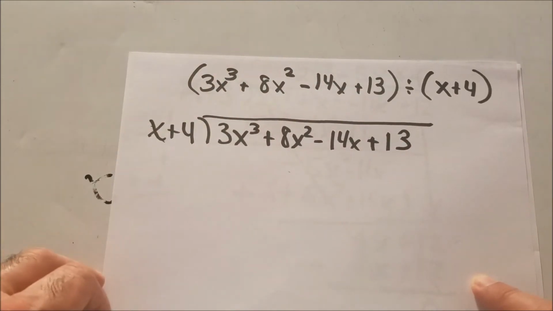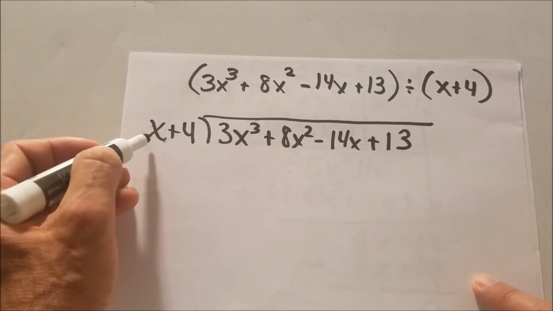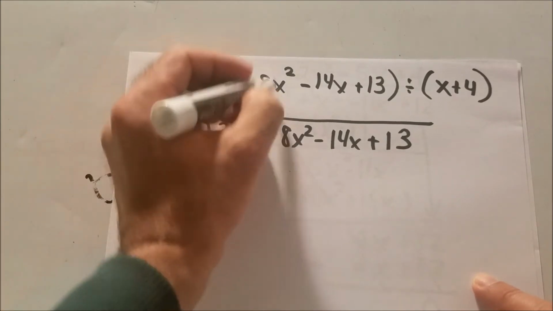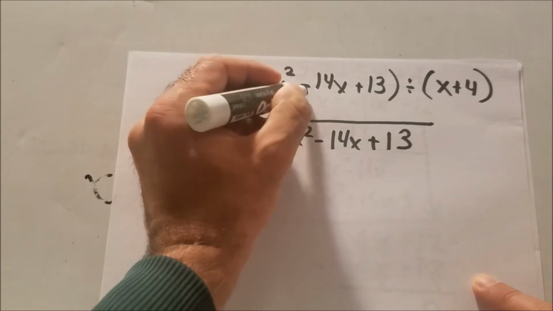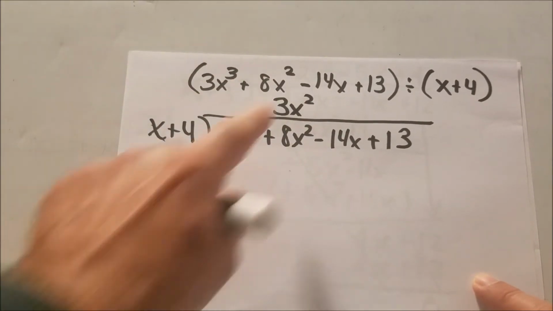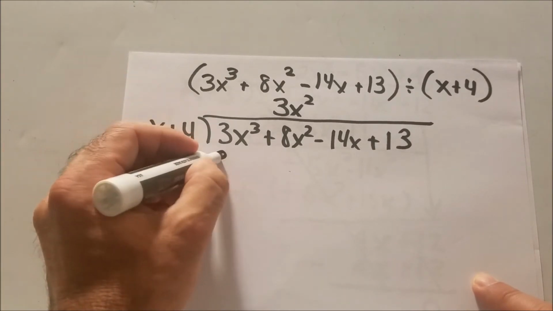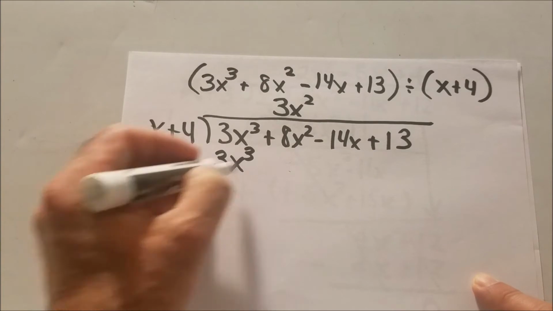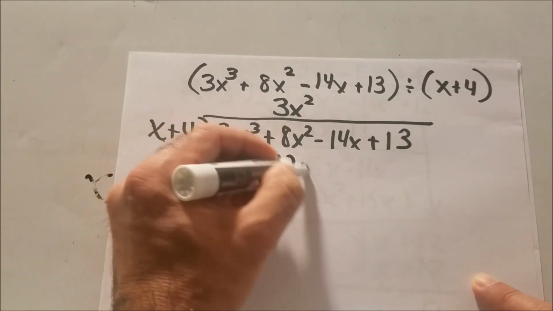So what do you think the first step is? Here's the first term, the x. We're trying to get 3x cubed, so we need 3x squared. So we'll put it right there, 3x squared. 3x squared times x is 3x cubed. And 3x squared times 4 is 12x squared.